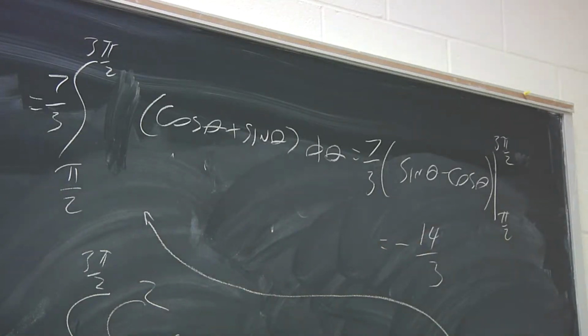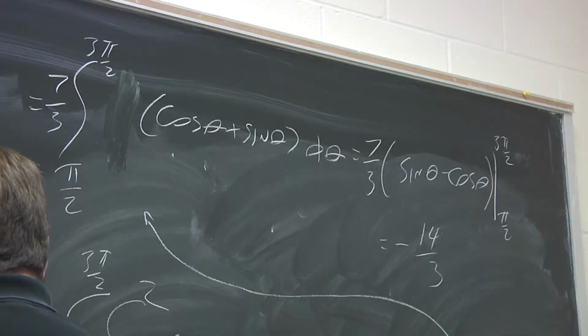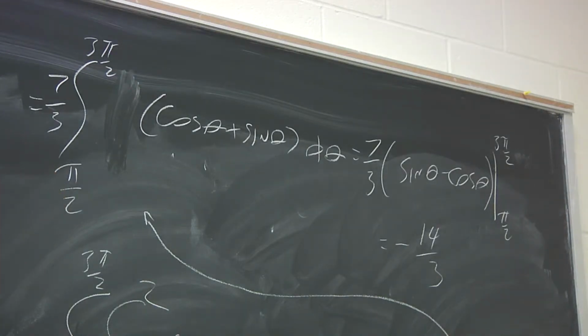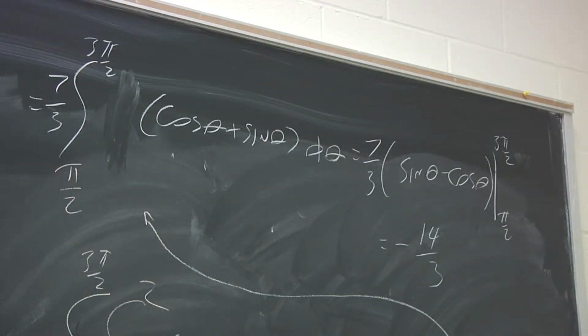So the main thing here is the setup. You have your function of x and y, so use x equals r cosine theta, y equals r sine theta to convert the function itself to polar coordinates. Include the extra factor of r along with your dr and d theta.